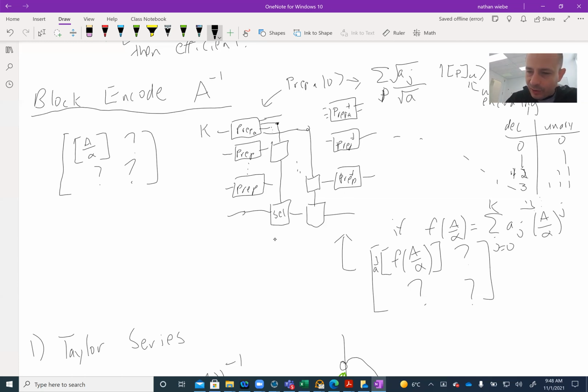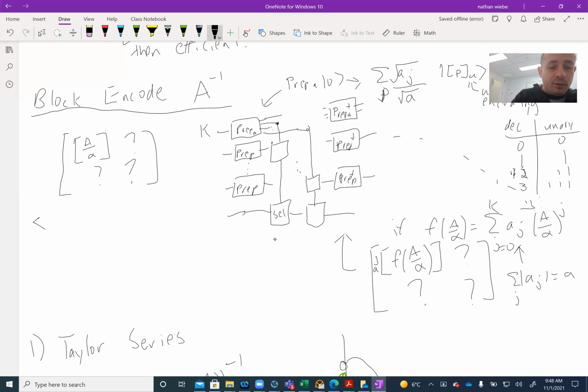And that scaling constant here is going to be equal to the sum over j of the absolute value of a sub j, which is equal to a. Okay, so this value of a has a big impact on what the block encoding ultimately ends up yielding.